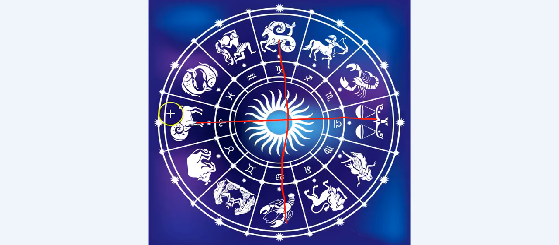So all cardinals: cardinal fire, Aries; cardinal air, Libra; cardinal earth, Capricorn; cardinal water, Cancer. This one is Mars. This one is Venus. The top is Saturn, and the bottom is the moon. Cardinal cross, the Most High. So Jupiter can never be the Most High. The Sun can never be the Most High. Are you starting to see the pattern here?